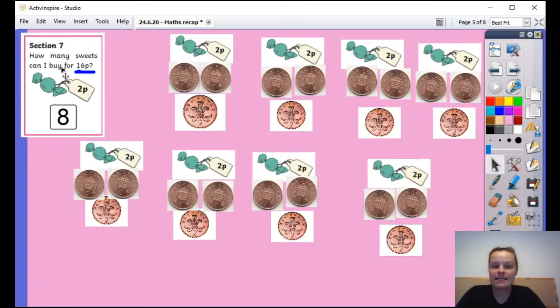So for 16p, I could have bought 8 sweets.